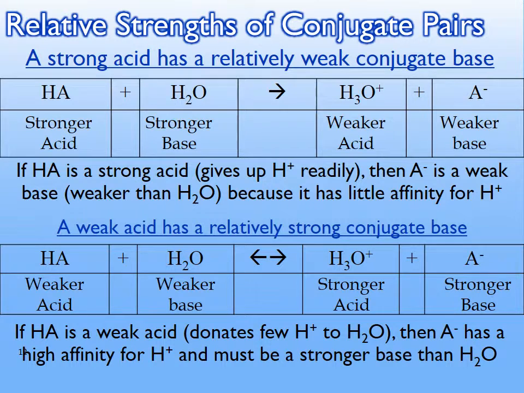And the hydronium ion, being the stronger acid, donates hydrogen ions to the conjugate base, the A minus, and forms water. So, as we know, the equilibrium in a weak acid situation is on the left side, because most of a weak acid remains in its molecular form.